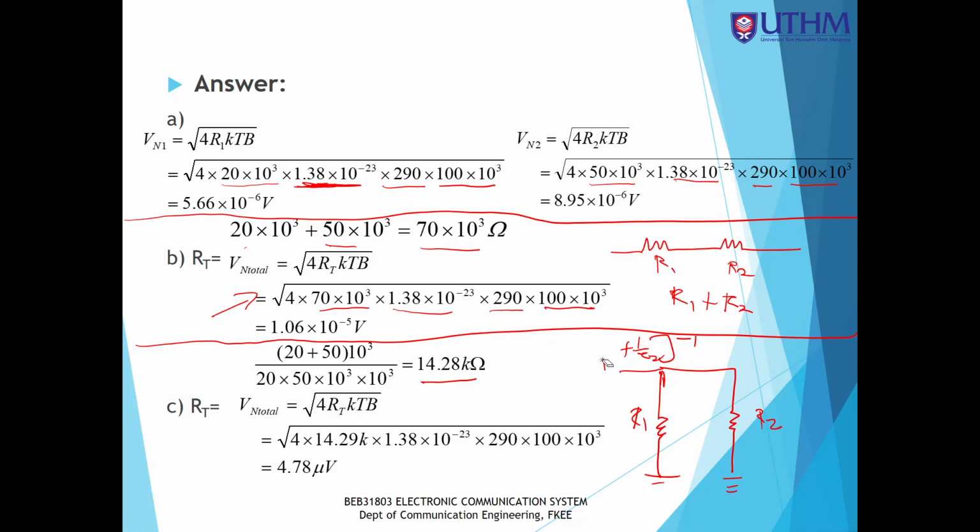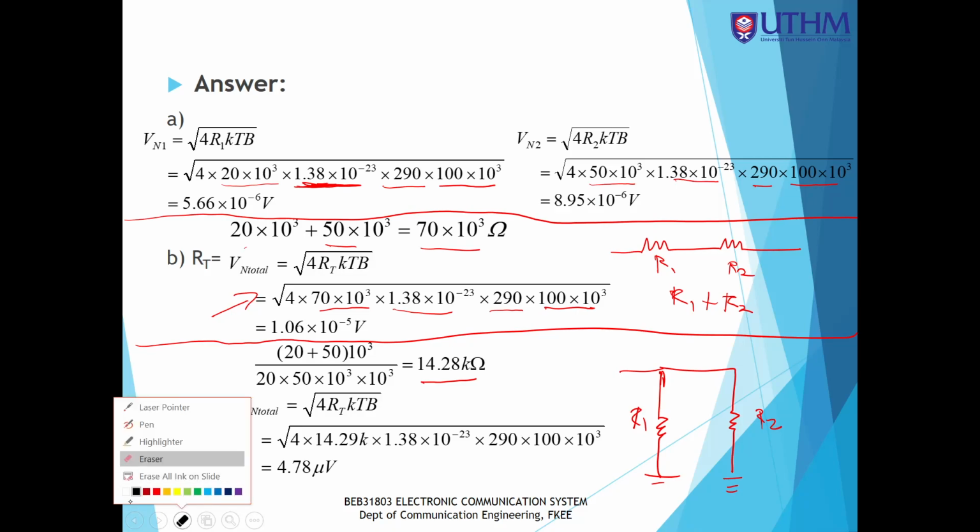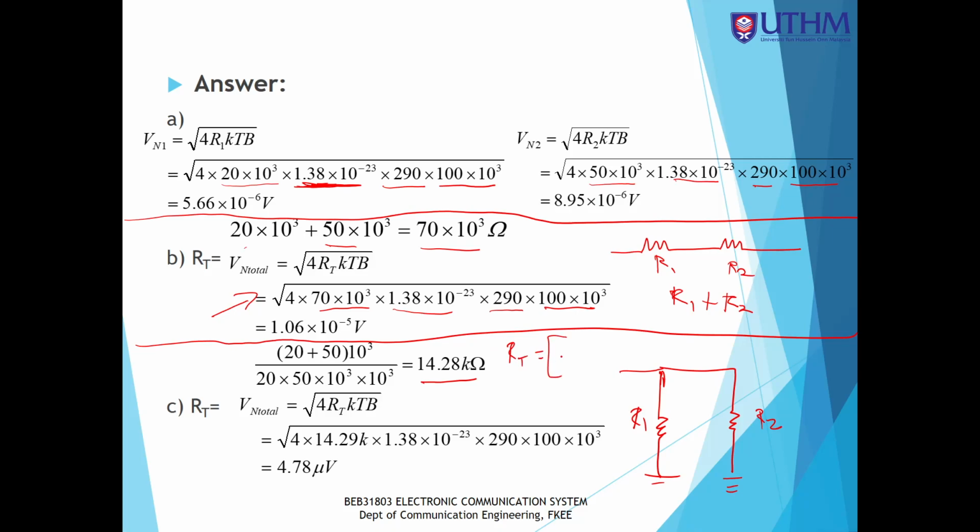I will write this again, so I hope you also know how to calculate it. So R total is equal to 1 over R1 plus 1 over R2, and then inverse this.